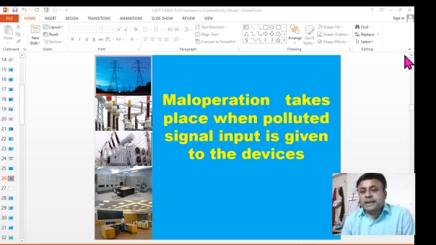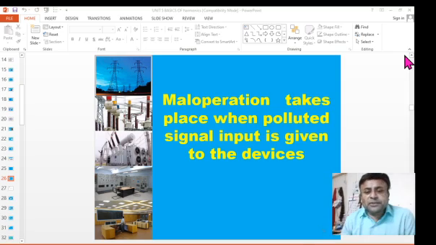Capacitors lead to failure, burning and overheating because of harmonic problems. Transformers, cables, transmission lines, bus bars, protective relays, meters and a number of other equipments are affected by high order harmonics, and we have seen how high order harmonics cause effects on these equipments.